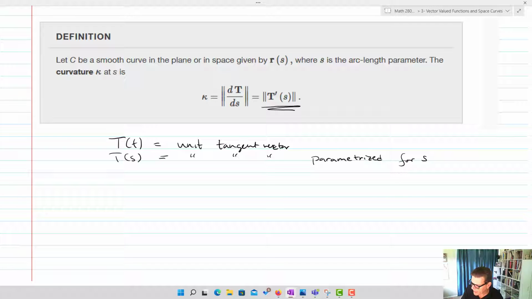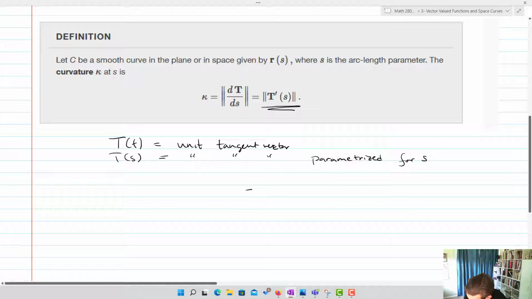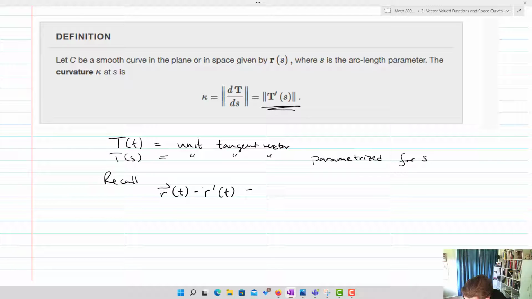Now, what you want to get here, and we talked about it earlier when we looked at the qualities of the derivatives of vectors, is that we saw that if you take r of t dotted with r prime of t, we end up with that equaling 0. So r of t dotted with r prime of t equals 0, and that means that if the magnitude of r of t is equal to a constant, then r of t and r prime of t are orthogonal.